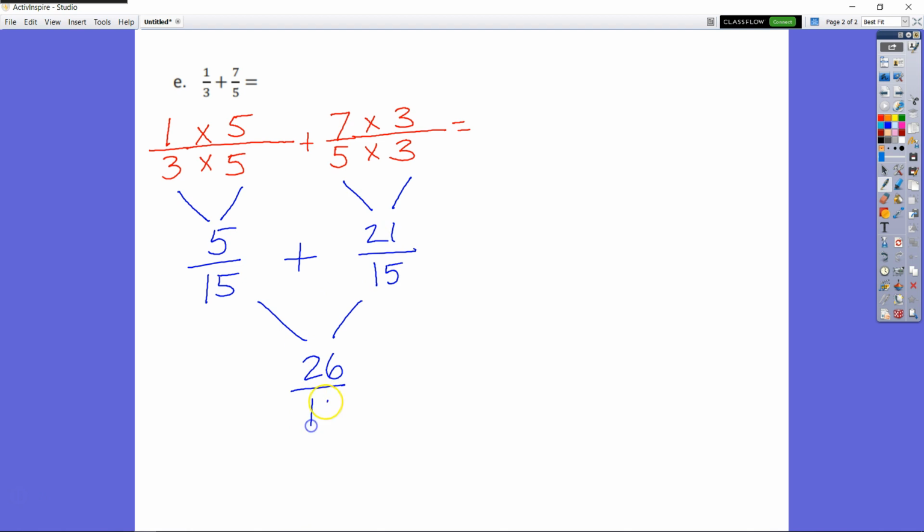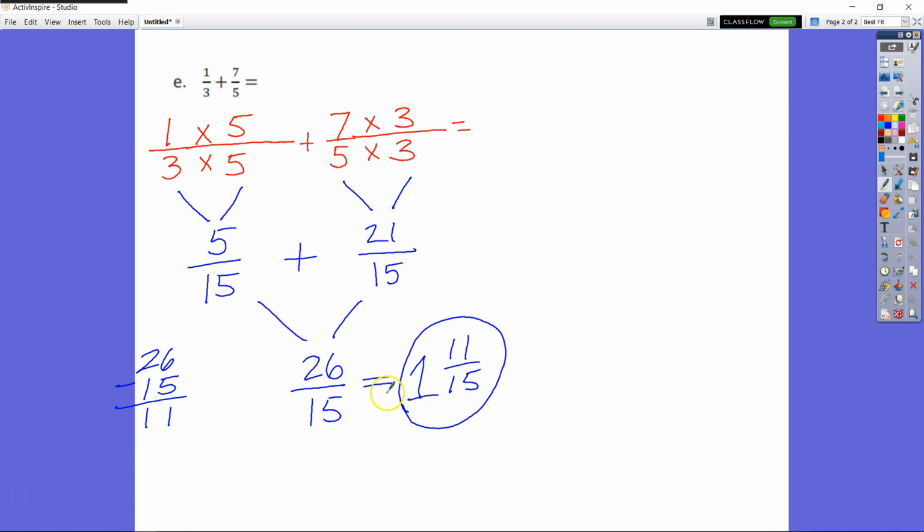And then we have our 15, it stays the same. And we're going to say that this is greater than 1, so we can take 15 of these 15s and get one whole. And you say, well, what's the difference between 26 and 15? You know that that's 1 1 and 1 10, 11 15ths. So that's our final answer, 1 and 11 15ths.